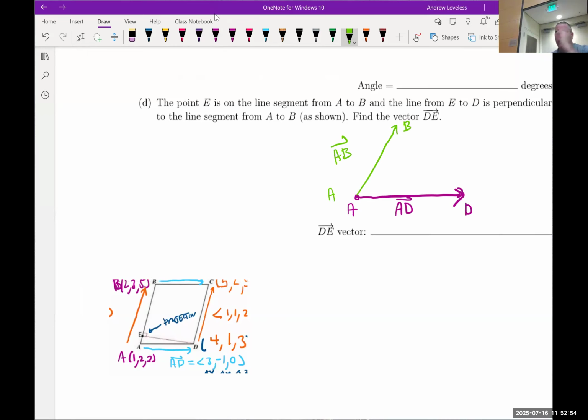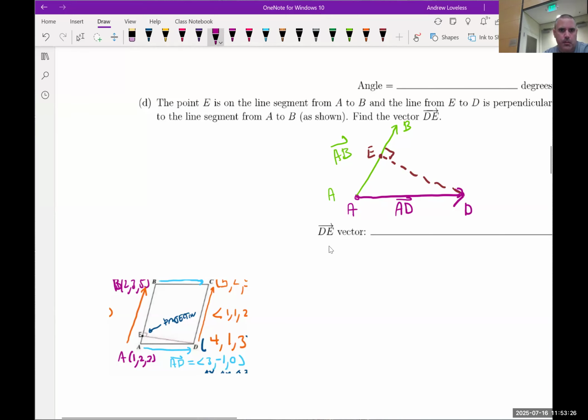It says there's a point E on the line segment from A to B, and the line is perpendicular and goes through D. I'm going to exaggerate it a little bit so we can see it more clearly. So this is perpendicular, and this is the point E. And the question asks me for the vector that goes from D to E.